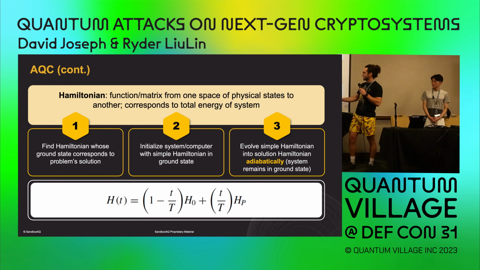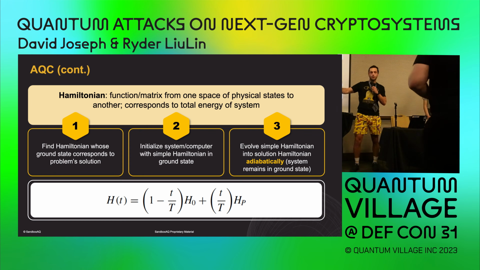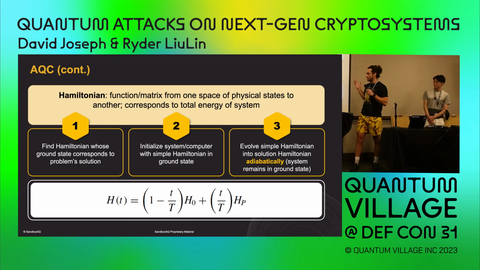The way I think about it is we have eigenstates, and eigenstates correspond to a configuration of bits, right? You just read off some bits, and that would be your eigenstate. Each state has an eigenenergy, and the configurations with low energies correspond to the solutions that are really good.